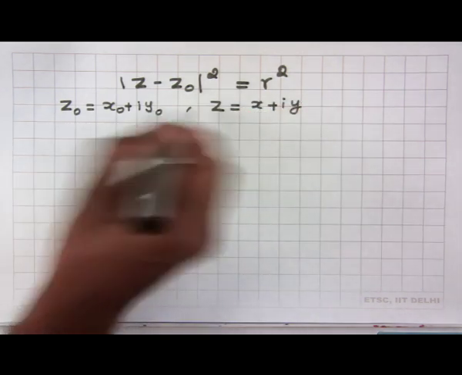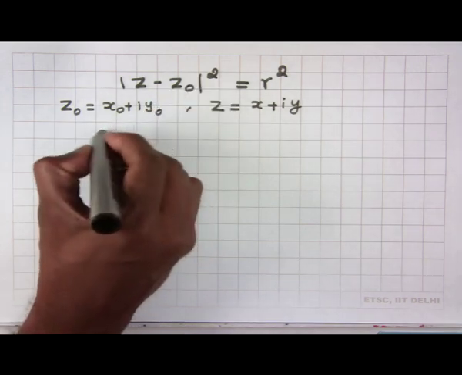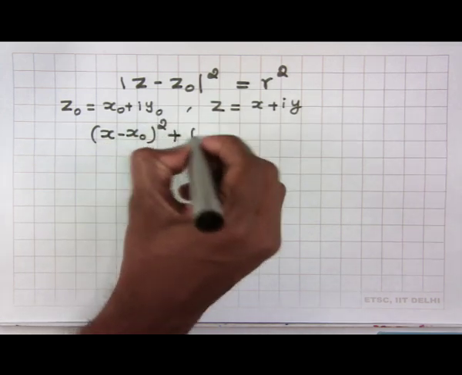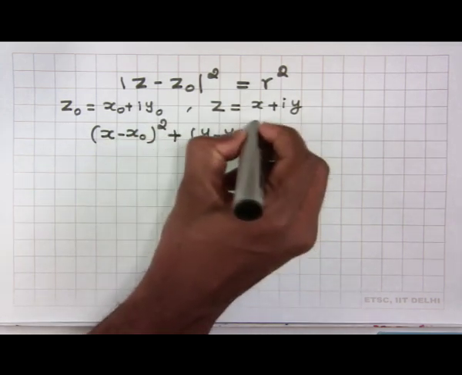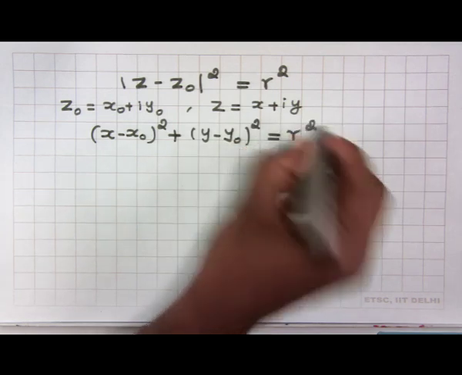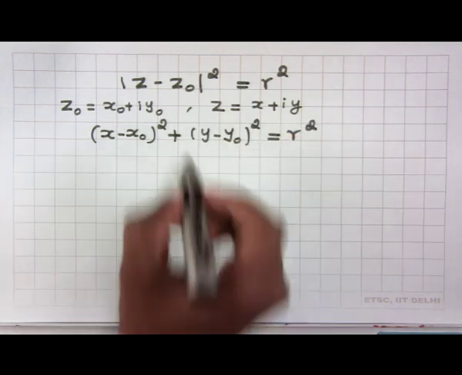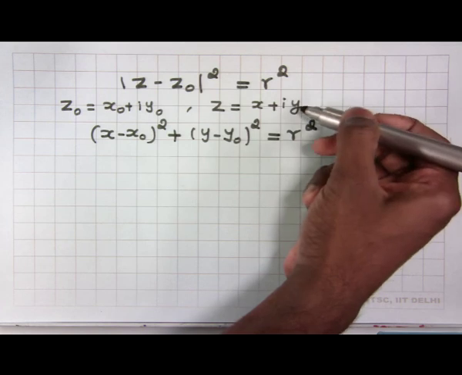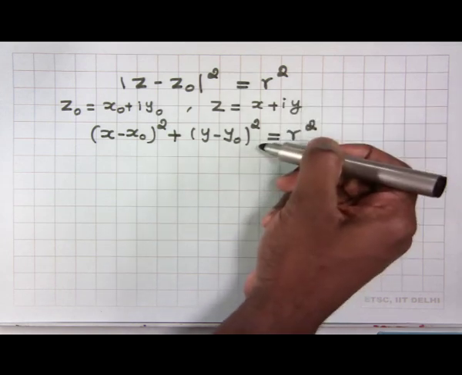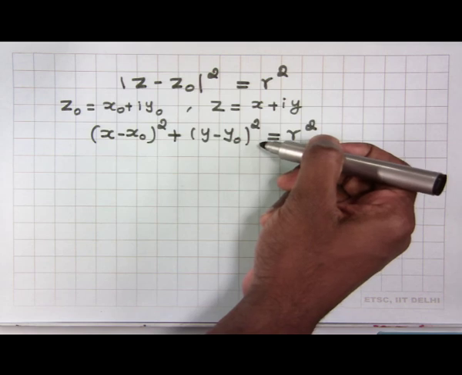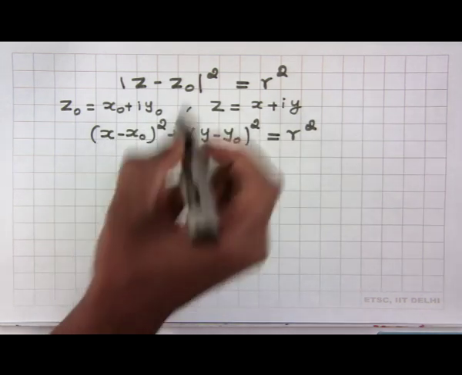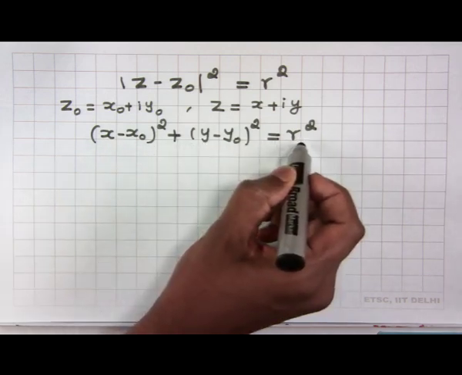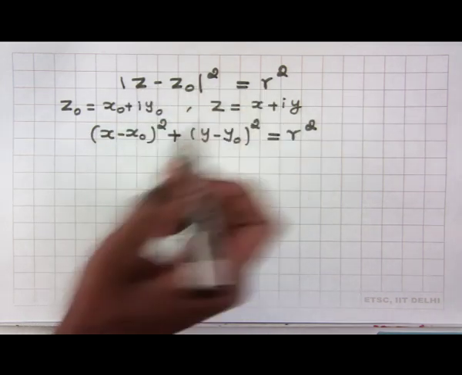Then modulus of z minus z naught square is given by x minus x naught the whole square plus y minus y naught the whole square equal to r square. Okay. So, from this equation it is clear that from the complex number association to the Cartesian plane, we see that this describes the general equation of a circle.